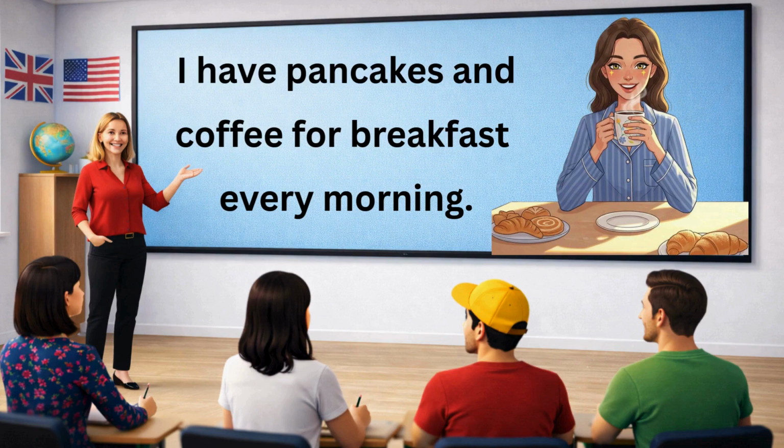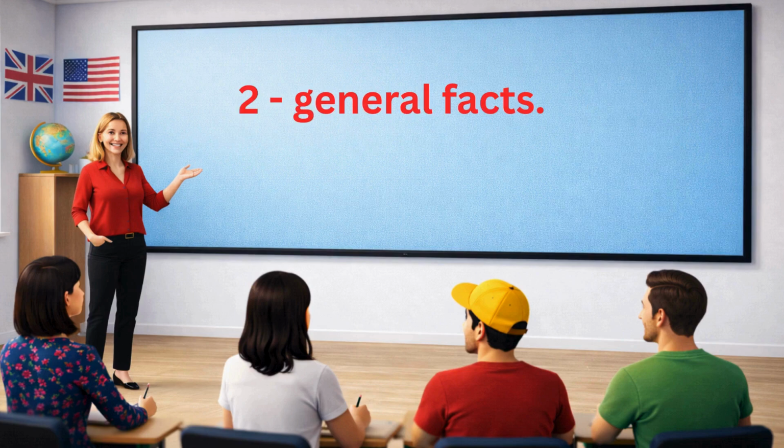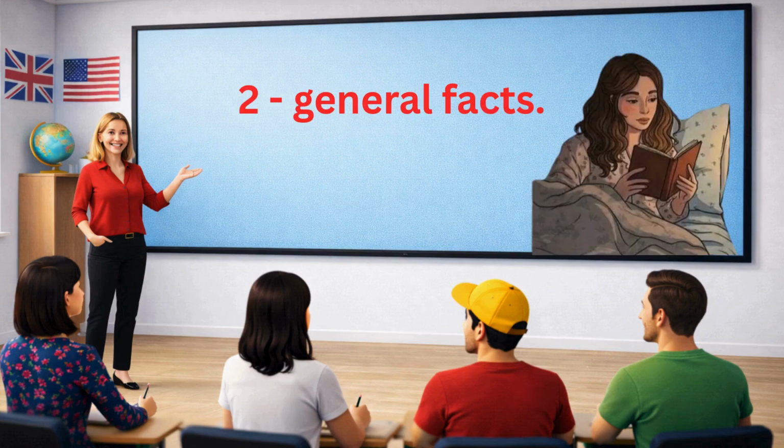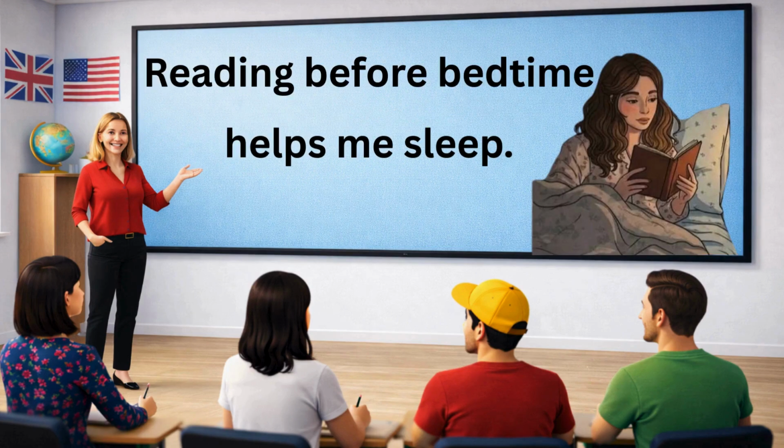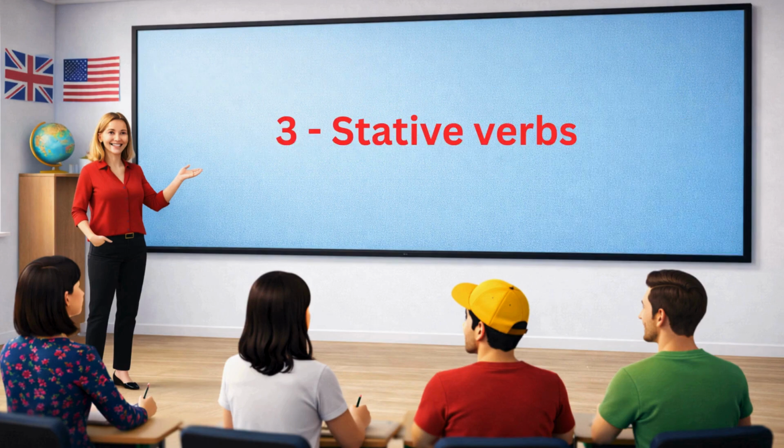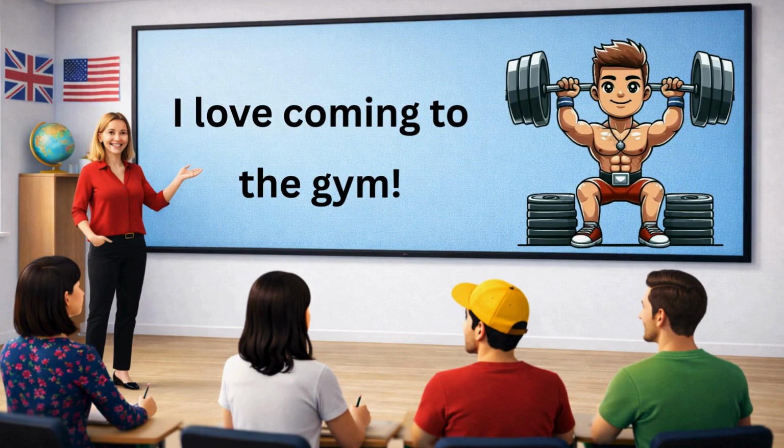For example, I have pancakes and coffee for breakfast every morning. 2. General facts. For example, reading before bedtime helps me sleep. 3. Stative verbs. For example, I love coming to the gym.